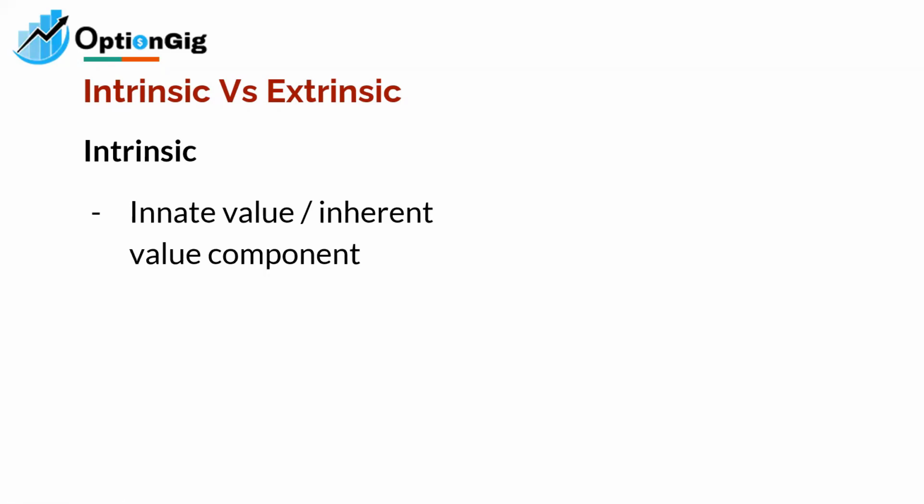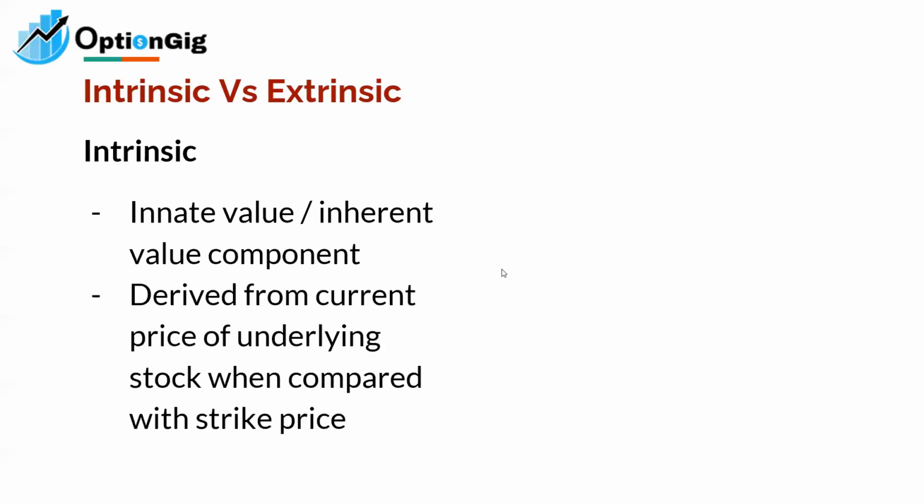Now, what's intrinsic? When we talk about intrinsic value, this is the inherent or innate value of that option. It is not dependent on any other factors, just where the stock is and where the strike price is. Only these two values. This is derived from the current price of the underlying stock compared with the strike price.